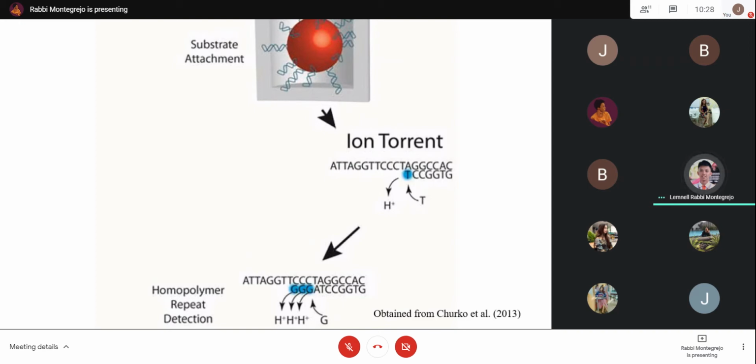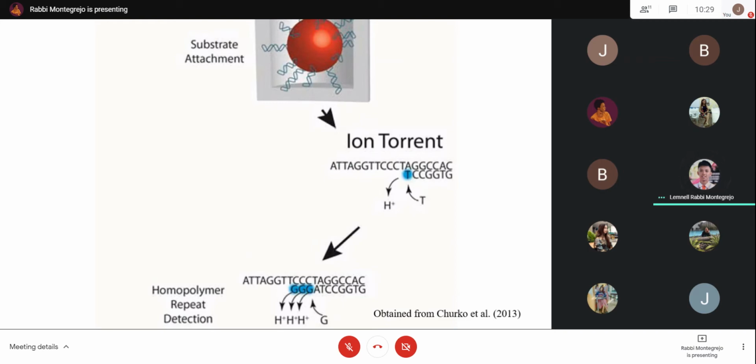So for instance, if at one time thymine nucleotide flows and hydrogen or a proton is detected, that would mean that thymine was incorporated in the sequence, which would also mean that A or adenine is in the sequence, since T is its pair.